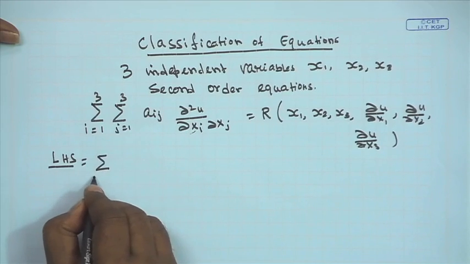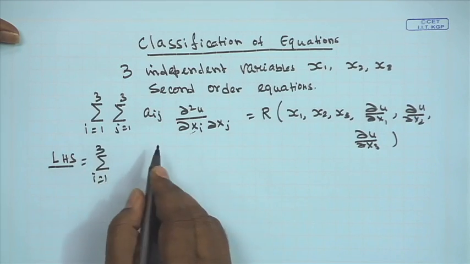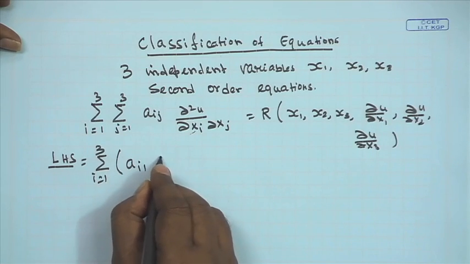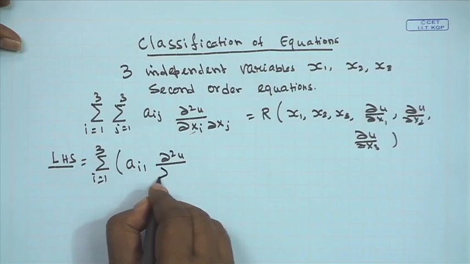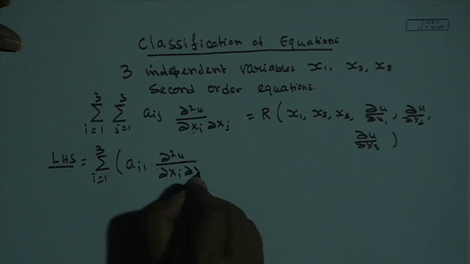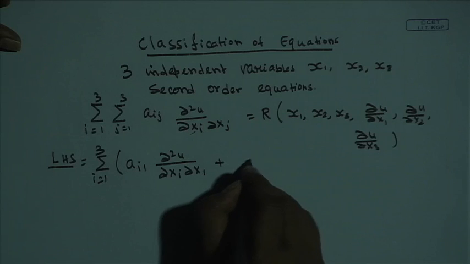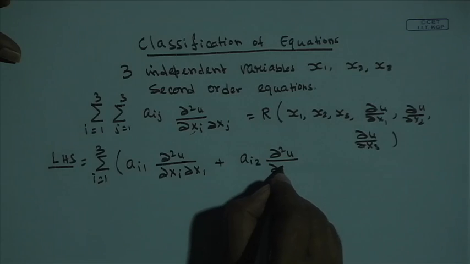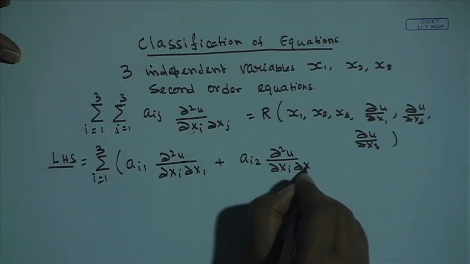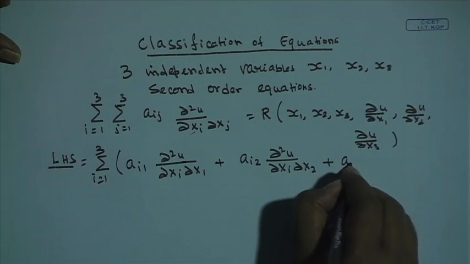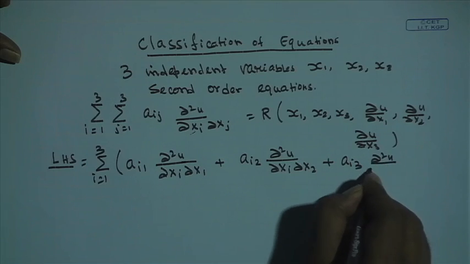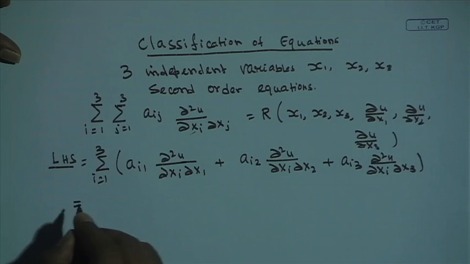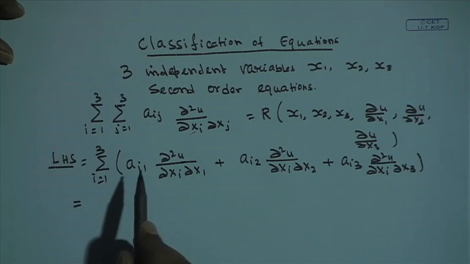If you do that, I open out the left hand side of this equation. So, i is equal to 1, 2, 3. So, it will be a_i1 del square u del x_i del x_1 plus a_i2 del square u del x_i del x_2 plus a_i3 del square u del x_i del x_3. So, I opened up the first summation over j.